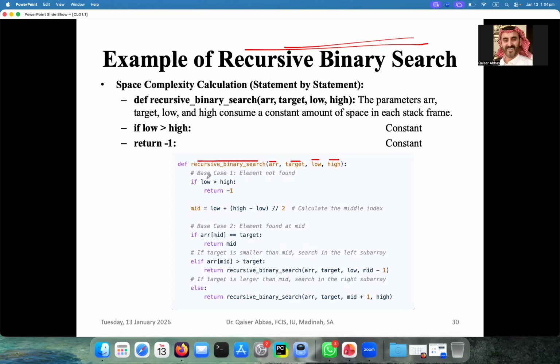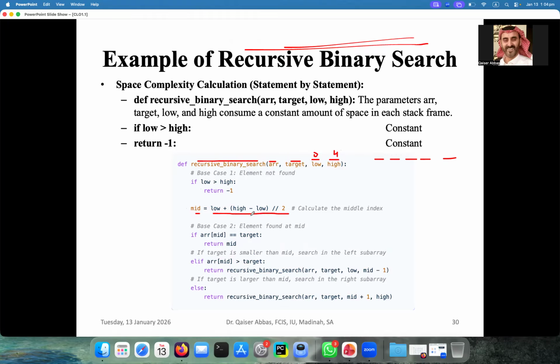First we are checking, if your low is 0 and your high is 4 for an array with 5 elements, and for binary search the array should be sorted. Is 0 greater than 4? No, condition false.